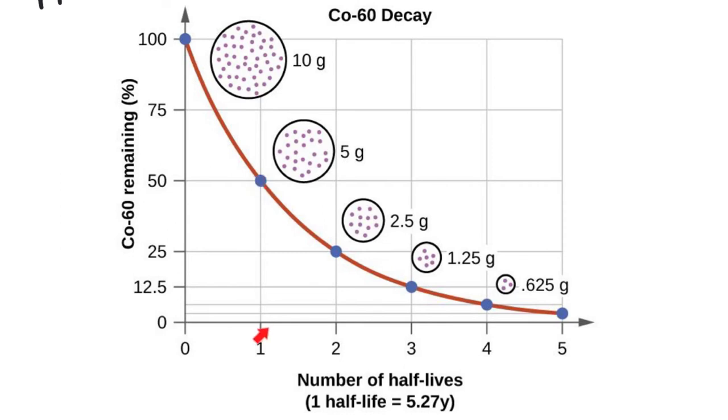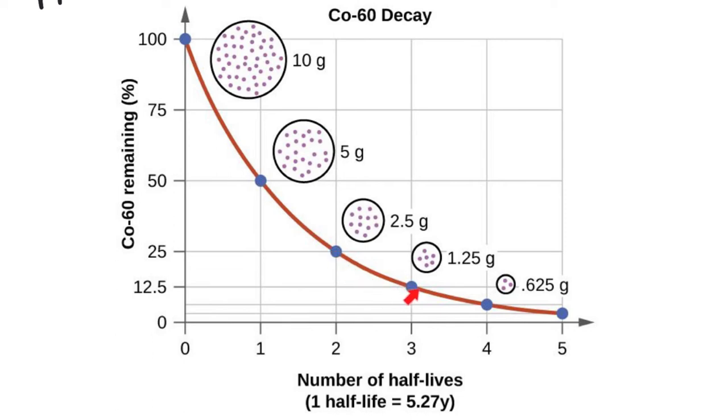Now, if we look over the next half-life, which takes us to 2 half-lives, then half of the 5 grams remains after this next half-life. So that means only 25% remains. If we look over the next half-life, then half of that decays, which takes us to 1,25 grams left over.